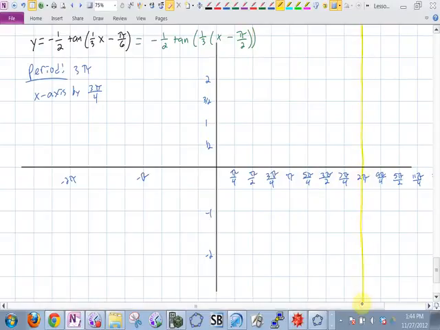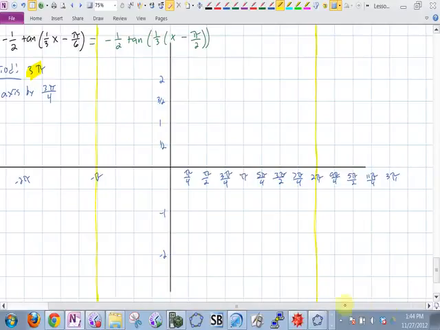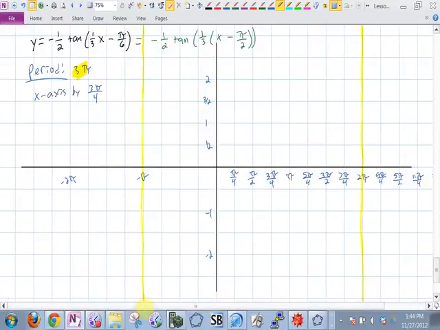And you should easily be able to check that. If you actually plug 2 pi in, you should get an undefined. Okay? So now, how far apart are all of the vertical asymptotes? 3 pi, the period. So my next one's going to be over here. Wow.